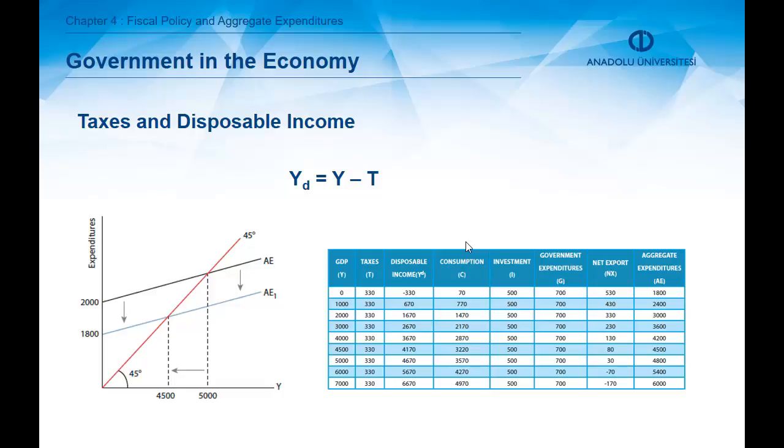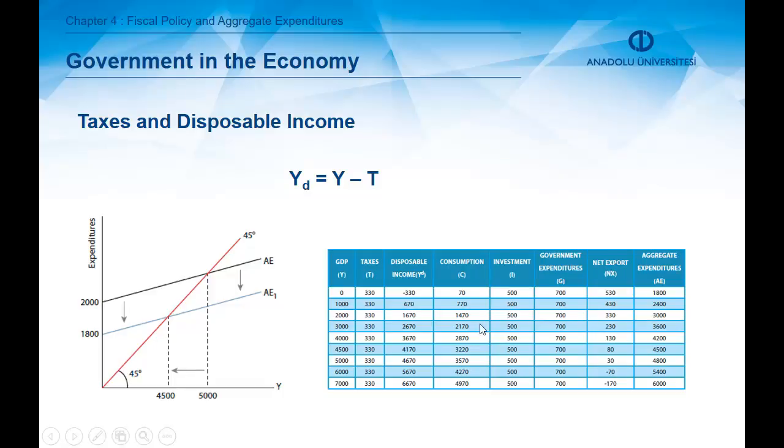This table and this figure show that there is a relationship. For example, when we have an increase in taxes, there is a decrease in disposable income, and because of that there is a decrease in consumption expenditures. This decrease in consumption expenditures also affects the aggregate expenditures, and this decrease in aggregate expenditures will affect income.